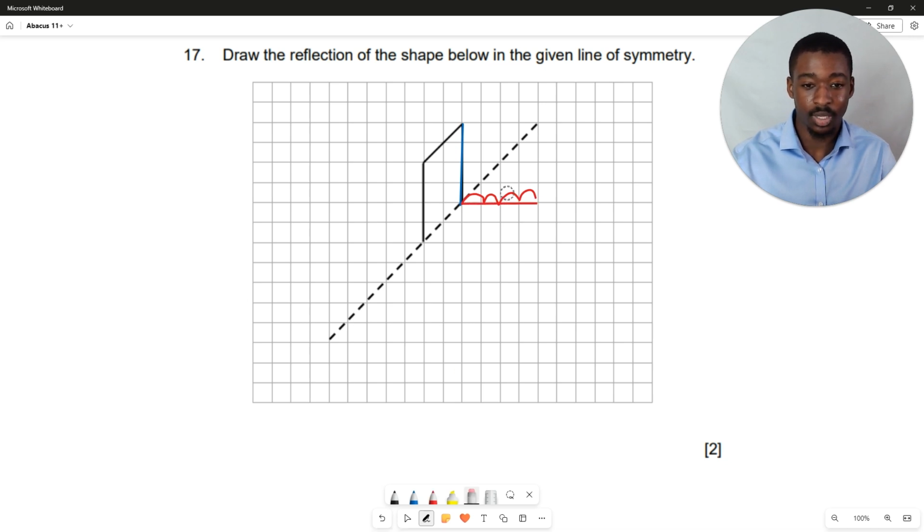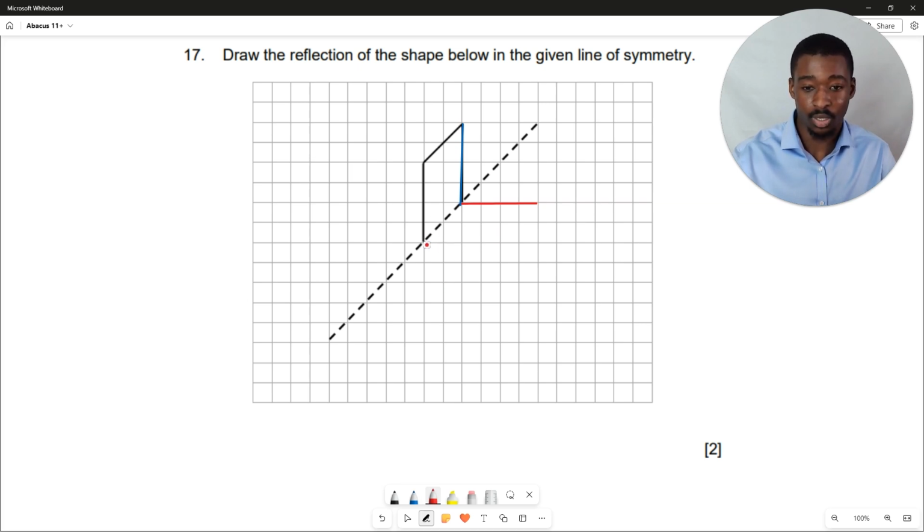Okay. Now we move on to the next part. And to be honest, instead of trying to work out this slanted bit here, which might be a bit hard, we can simply work out this bit here and do the same thing again. This time we have 1, 2, 3, 4 bunny hops again. So we can do 4 bunny hops in this direction, 3, 4. So we're going here.